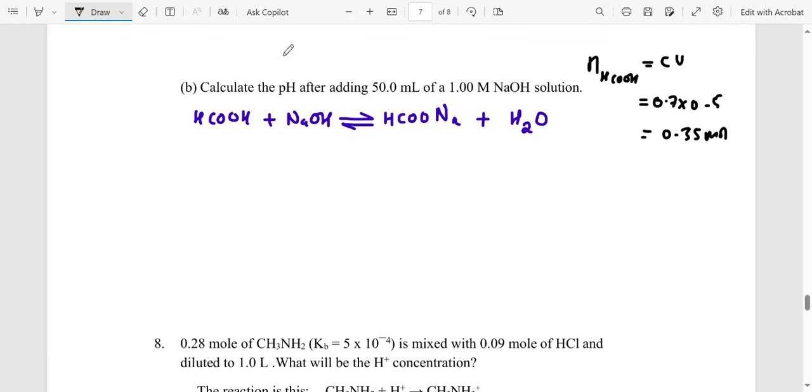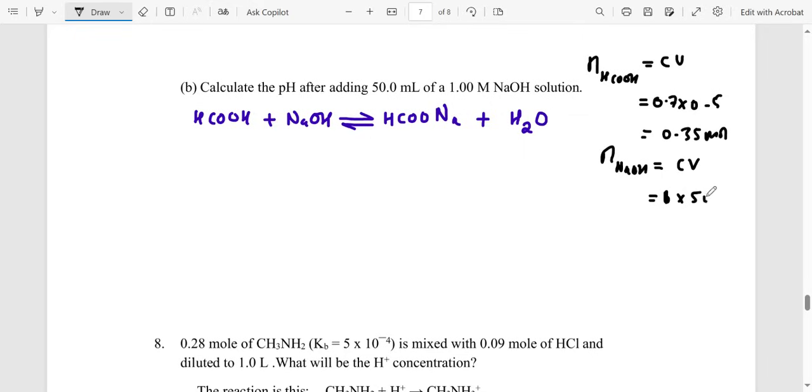We are adding the sodium hydroxide. So we can find the number of moles also for sodium hydroxide. It's also given by concentration times volume. Concentration is just 0.1, and then the volume is 50 mL.